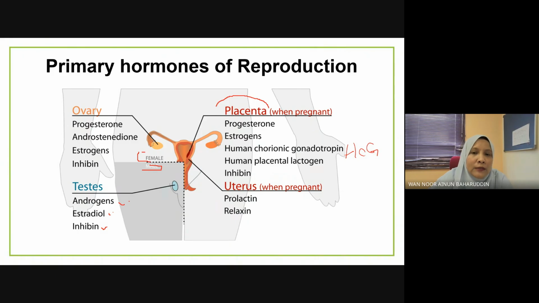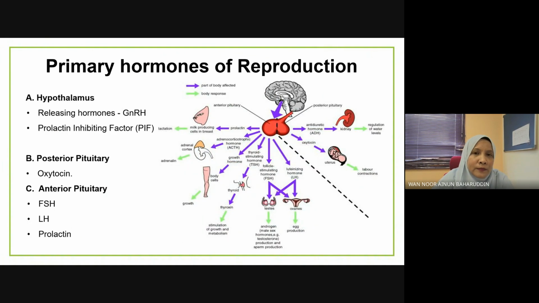For the uterus, when pregnant, it can also produce prolactin and relaxin. So this one is very important during giving birth, when the woman is giving birth, so these are crucial parts of it.